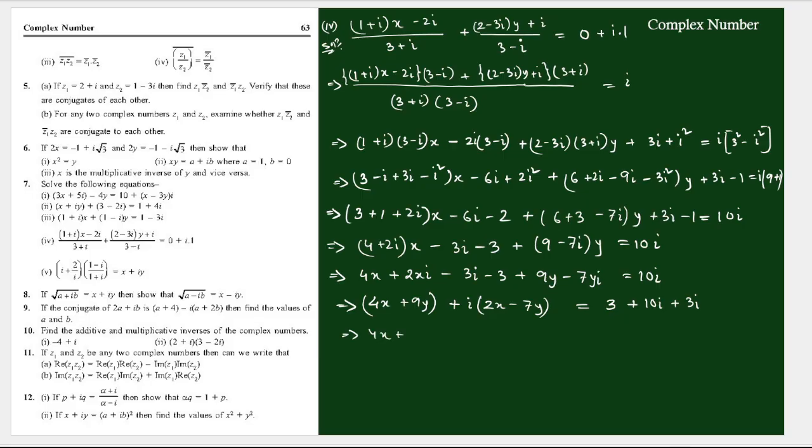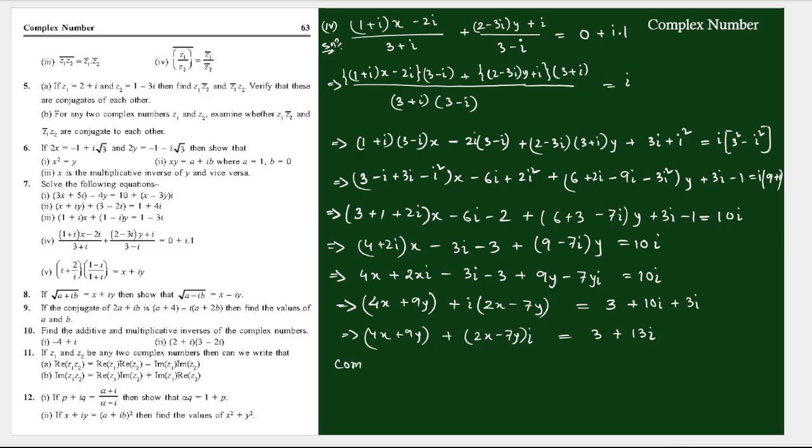So 4x plus 9y. तो पहले ही उस तरफ ले जाना चाहिए था. So 2x minus 7yi. You can write i here also. So 3 plus 13i. So I wrote i at the back to make it equal with this one. Now the real part is here, the imaginary part is this one.